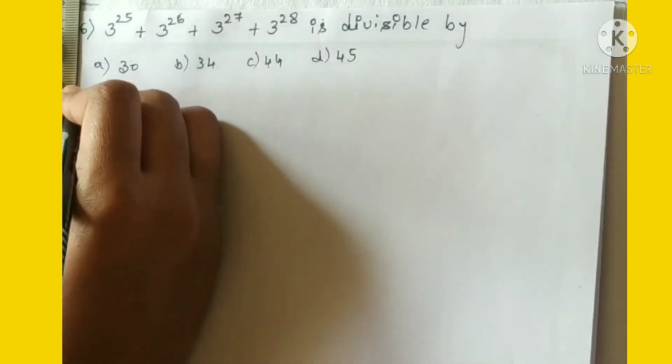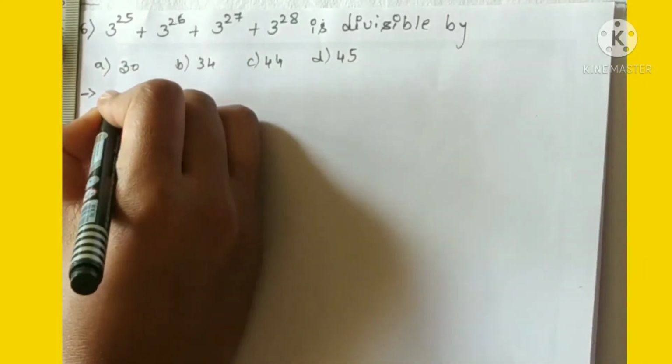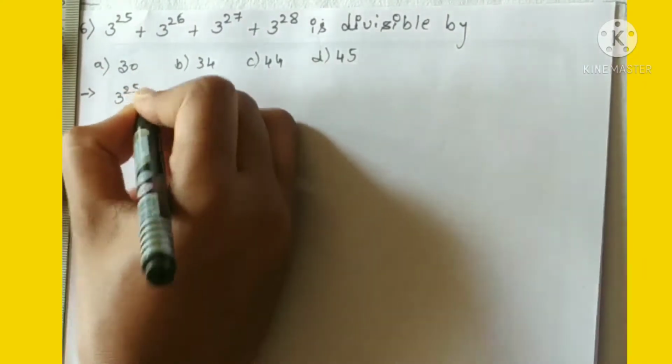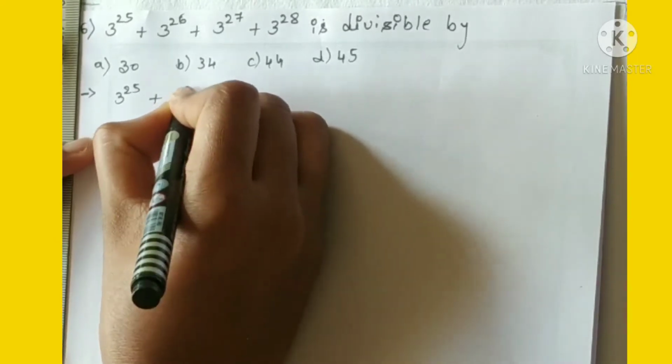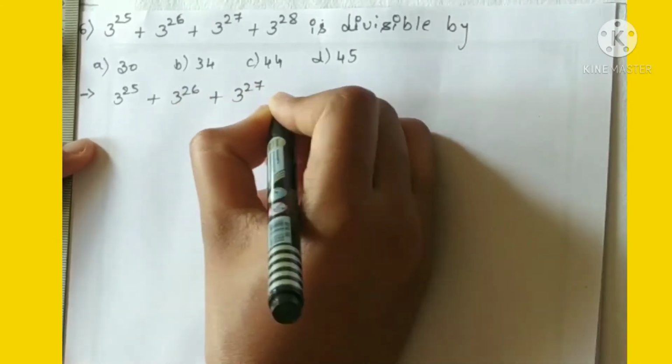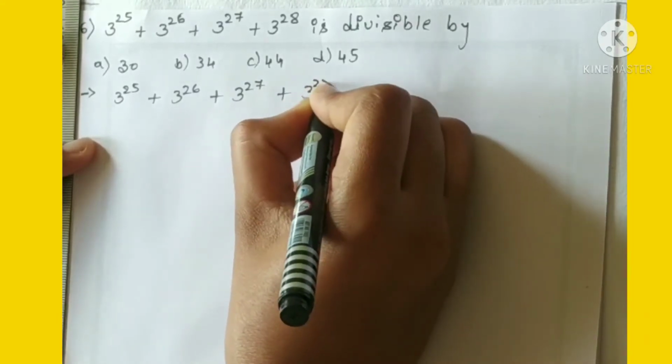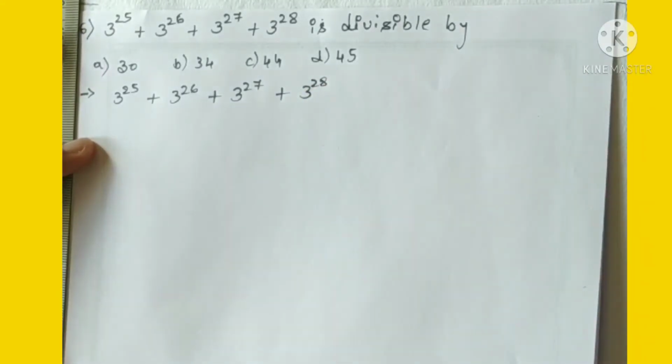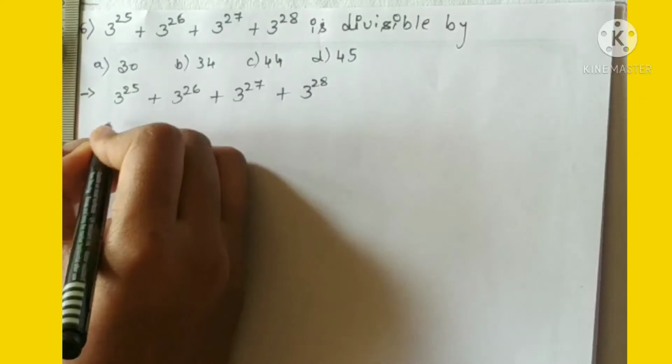Now I just write down the given data, that is 3 to the power of 25 plus 3 to the power of 26 plus 3 to the power of 27 plus 3 to the power of 28. Now I just split this.